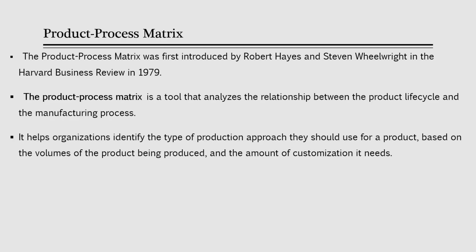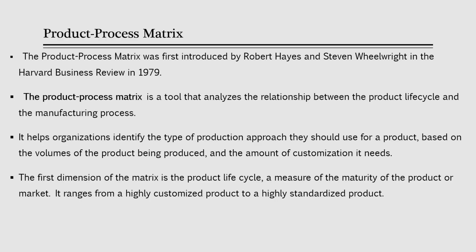It helps organizations to identify the type of production approach they should use for a product based on the volume of the product being produced and the amount of customization or the variety it needed.